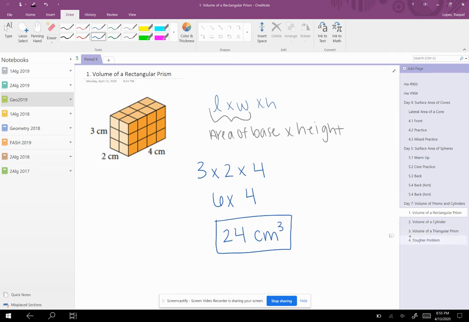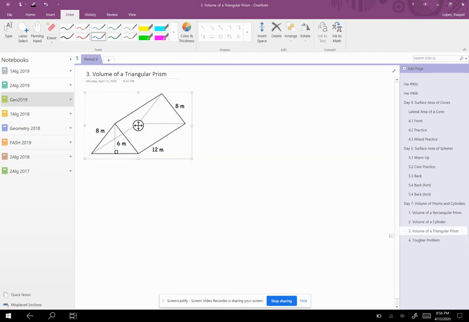All right. So now let's try finding the volume of a triangular prism. Our base is a triangle. And the height is just going to be how far apart your two bases are. So these two bases are 12 meters apart.